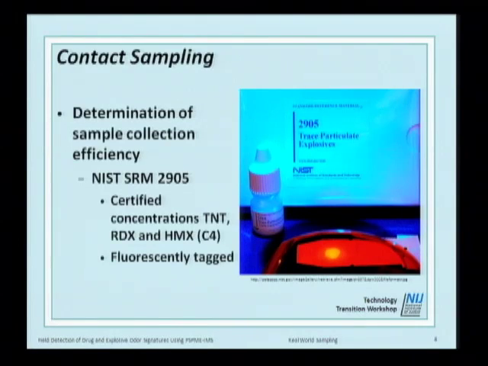Now, besides that, they're also fluorescently tagged. So with the help of a blue crime scene light and your orange glasses, as you see here, you will see the area that contains particles fluoresce. And you can visually see that you have collected your sample. So you can actually test different wipe materials in this method and determine which one works best for this standard reference material.